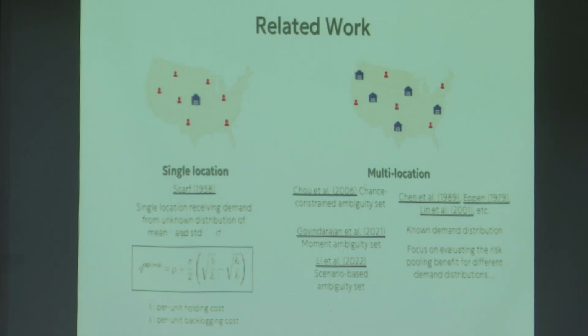The closest to our work would be this paper by Govind Rajan et al. in '21, which presents some heuristics that they test for a small number of locations, and that performs well compared to a benchmark. But very little, as I said, is known about the structure of near optimal policies or any theoretical guarantees about the heuristics. That is the motivation of our work.